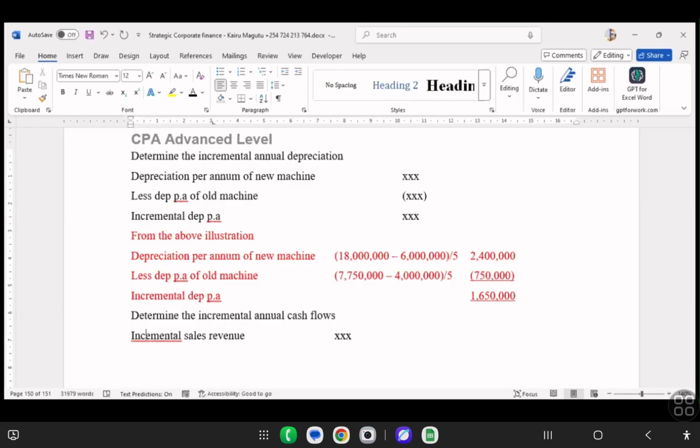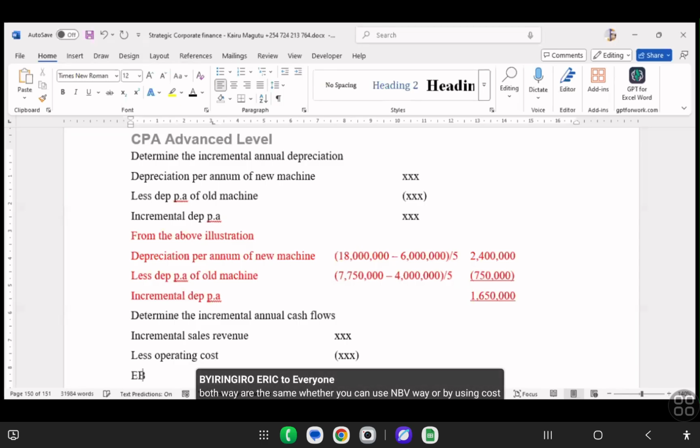As a result of this, sales revenue increases, less operating costs. Whatever we get from there is the earnings before depreciation and taxes.